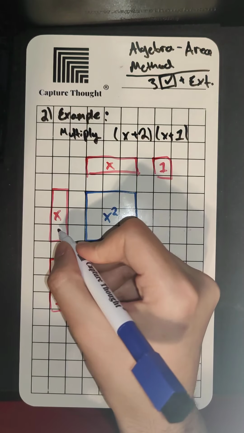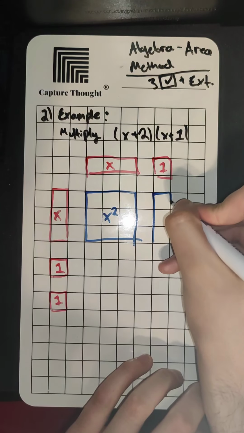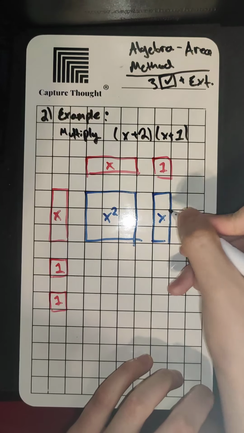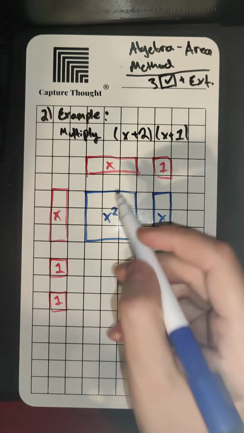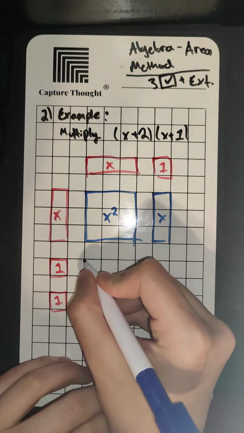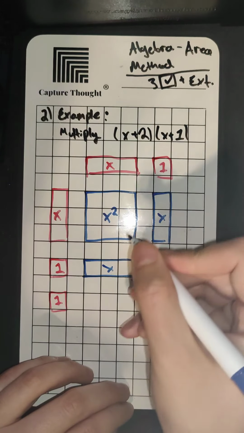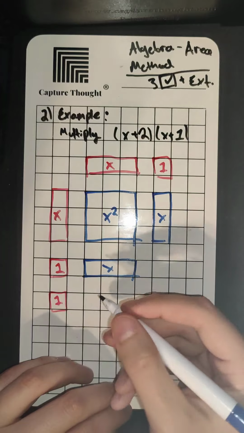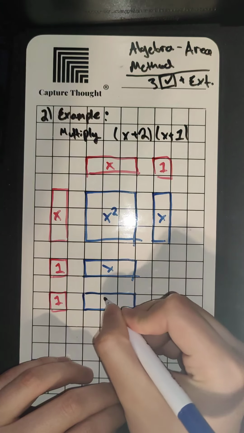And then we have x times a 1 unit, which just gives another x algebra tile. Now we keep on moving forward. X times 1 unit gives another x algebra tile. Same thing, x times another 1 unit is x.